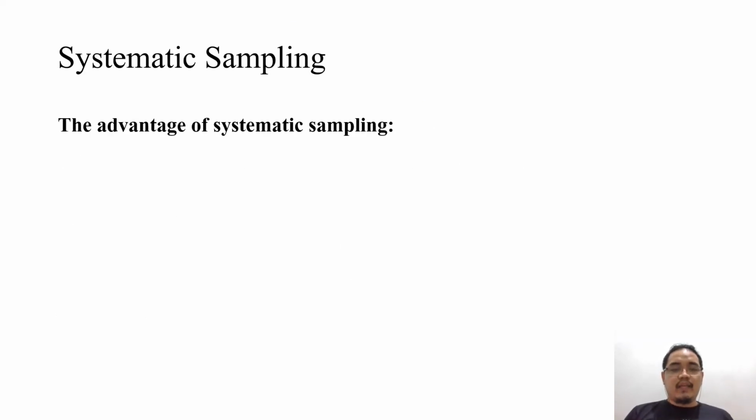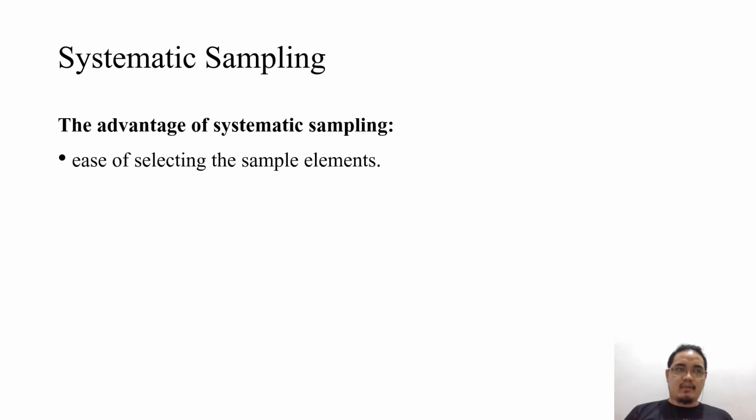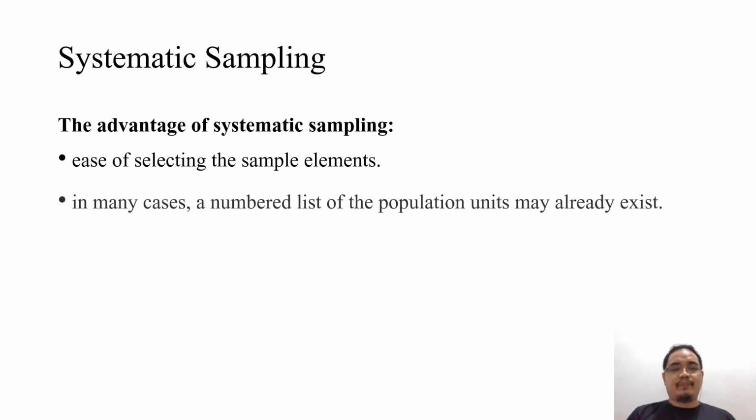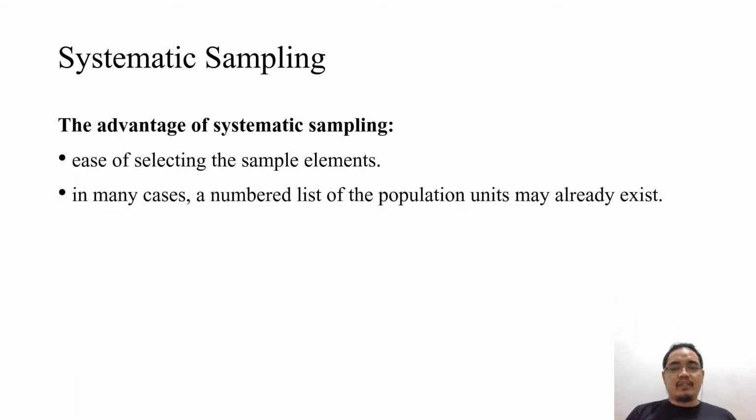So, what are the advantages of a systematic sampling? So, the first one is the ease of selecting the sample elements. Okay, so mas madali siya kasi 'di ba? Sunod-sunod lang. Hindi mo na kailangan nung table of random numbers. 'Di ba? Pili ka lang ng starting point mo, then susunod-sunodin mo na. Depende sa computation mo. Then, in many cases, a numbered list of population units may already exist.